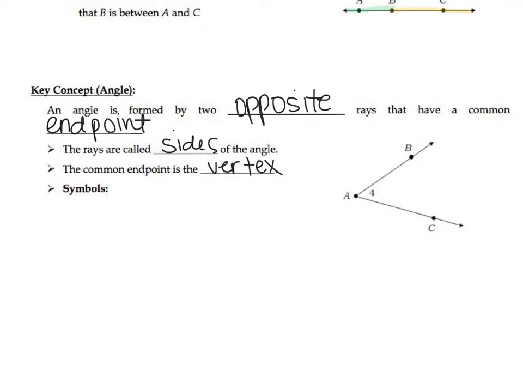Looking at our angle over here, there are a lot of different ways you can name an angle. As long as there's only one angle with the same vertex, the most common way is just to name it by that vertex. So we could name this angle A. You can also, if there's a number indicating what the angle is called, in our case the number 4, use that number to name the angle. So I can also call this angle 4.